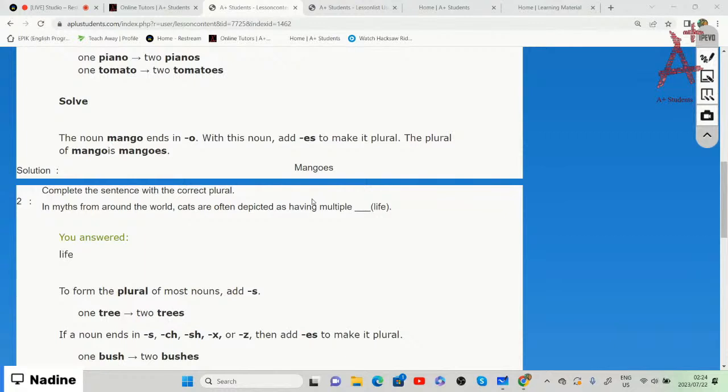And now it is lives, because in myths from around the world, cats are often depicted as having multiple lives.